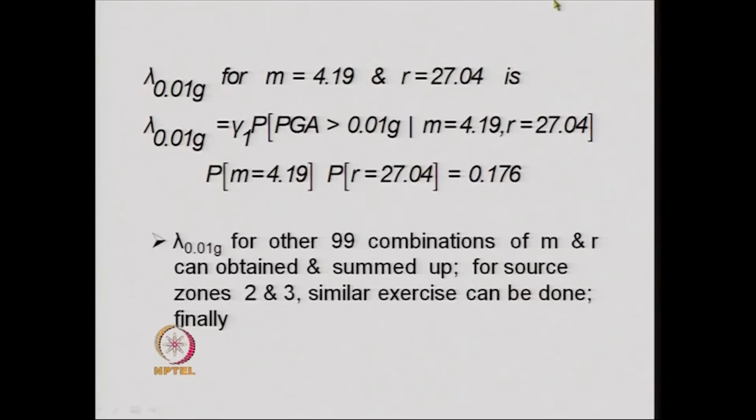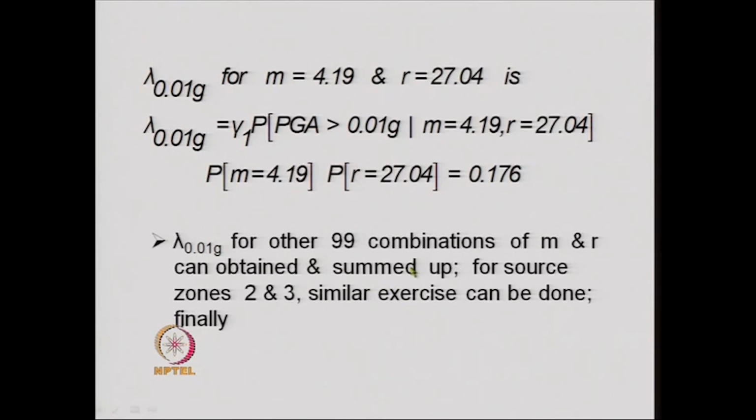We have 10 intervals of magnitude of earthquake and 10 intervals of epicentral distance, so we have a total of 100 such combinations. Out of that we have just taken only one. So lambda 0.01 g for the other 99 combinations of M and R can be obtained for source 1, and they can be summed up.